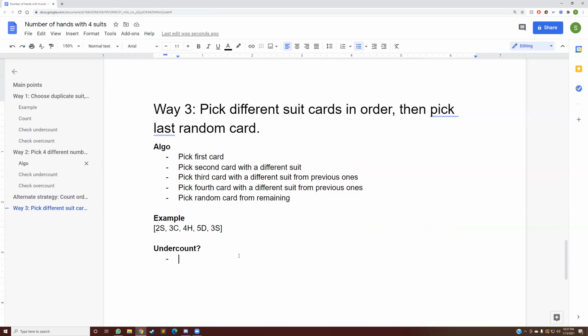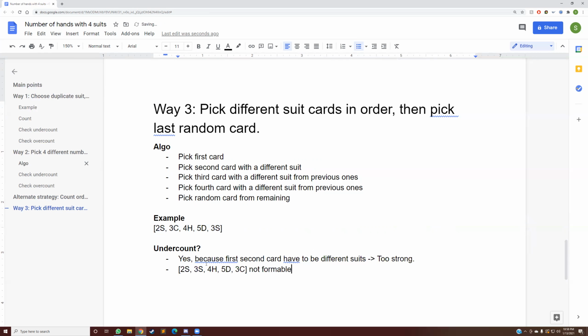Yes, it is an undercount because the first and second card have to be different suits. You will fail to produce the 2 of spades, 3 of spades in a row.